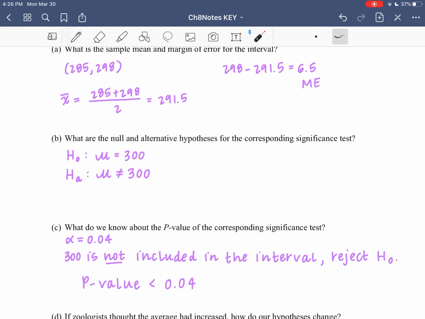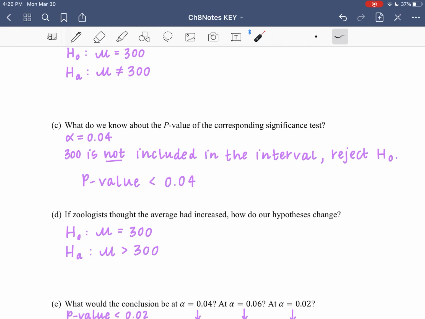Then, based on that decision, does that mean our p-value is big? Does that mean our p-value is small? How big? How small? Then you can make this statement here. So notice here, we're not actually calculating the p-value. We're just saying that it's, quote unquote, small, meaning it's smaller than our significance level, because we know we would have rejected our null hypothesis.